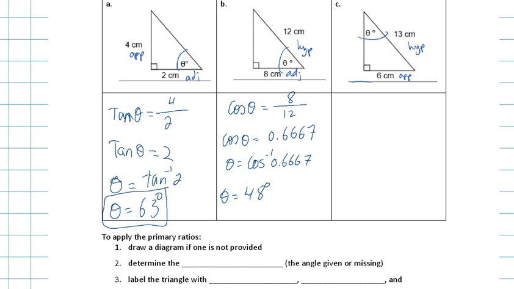Degrees should be to the nearest degree. There is no decimal. Okay?